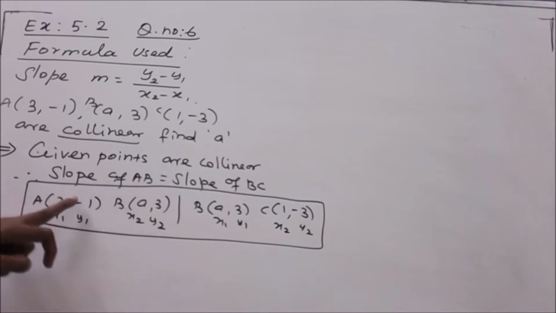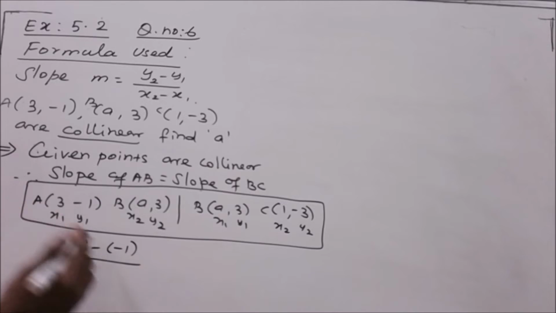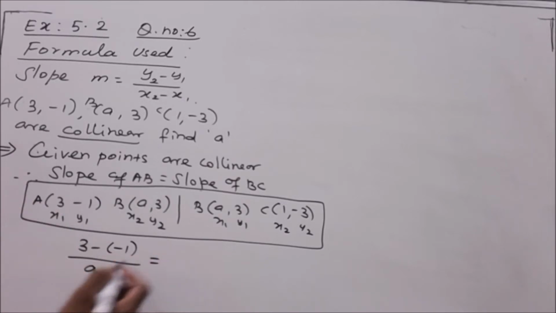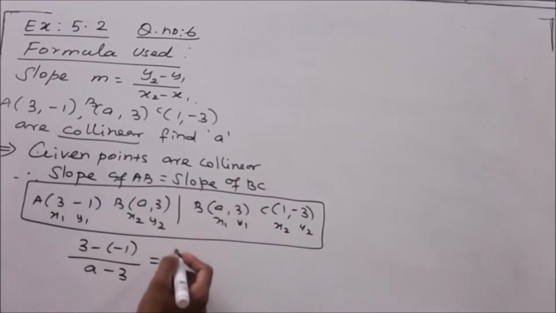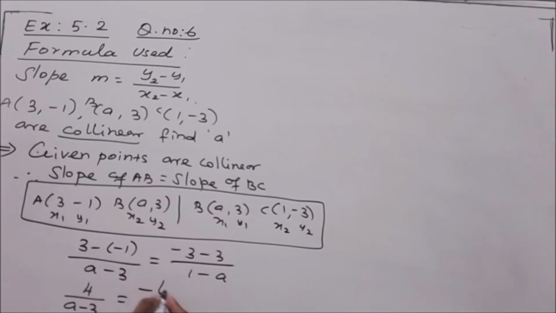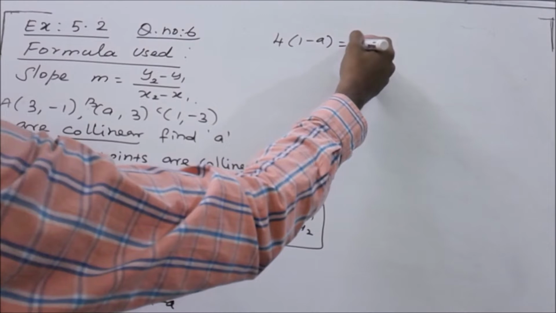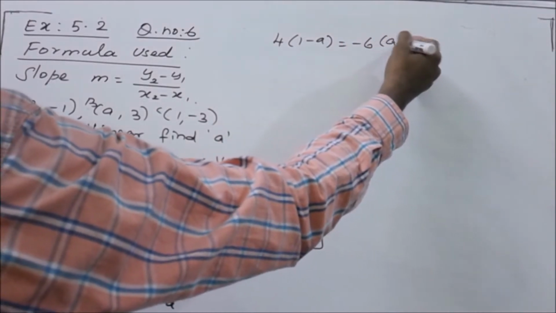For this one, y2 minus y1, 3 minus of minus 1, divided by x2 minus x1, a minus 3, equal to, and here y2 minus y1, minus 3 minus 3, that is minus 6, divided by x2 minus x1, 1 minus a. Simplifying, 4 by a minus 3 equals minus 6 by 1 minus a. Now cross multiply, 4 into 1 minus a equals minus 6 into a minus 3.